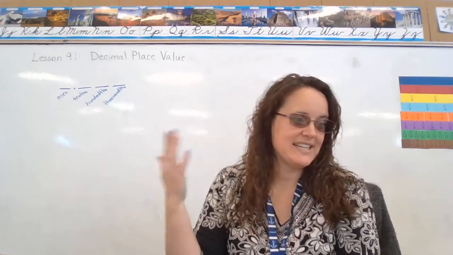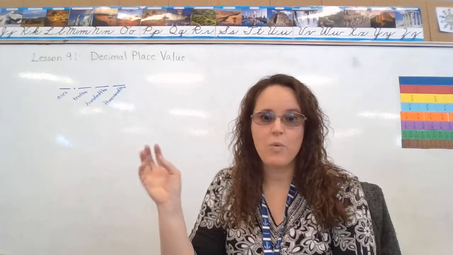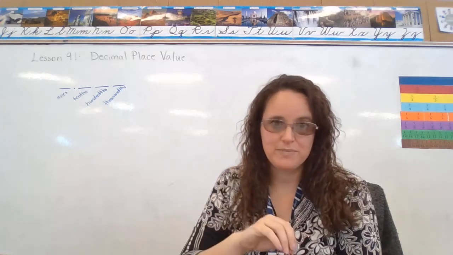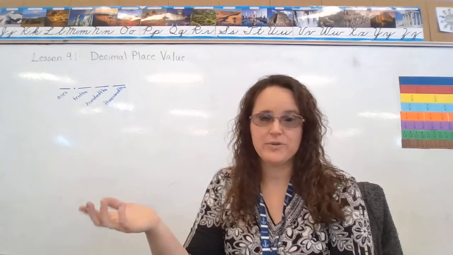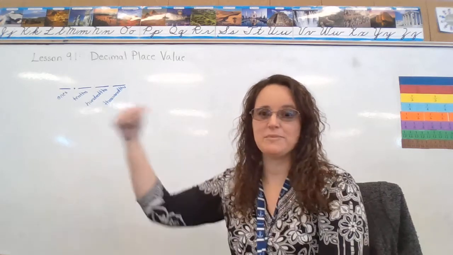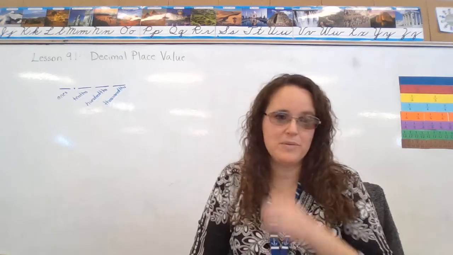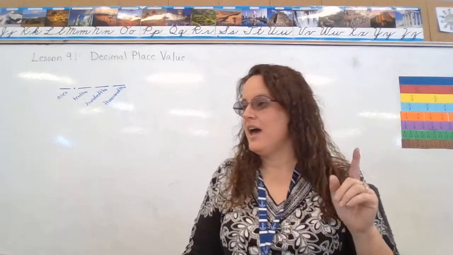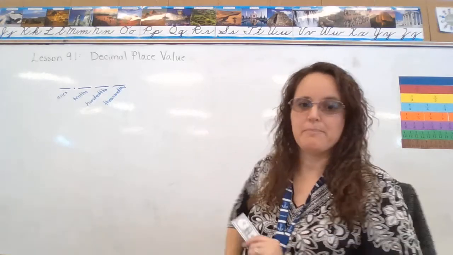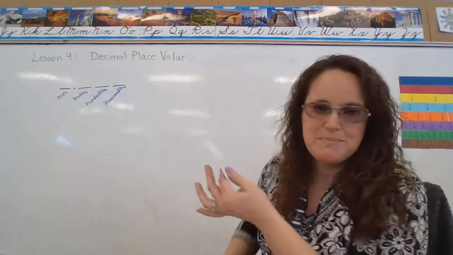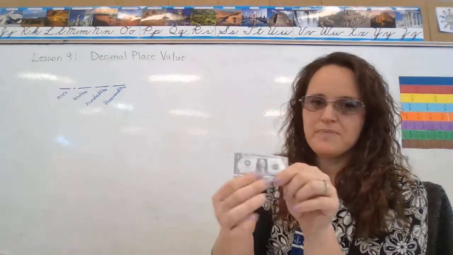So this lesson is mostly about recognizing what digit is in which place value and also naming the place value of specific digits. So I'm going to leave that on the board behind me while we look at a couple examples. Before I do that, I do want to point out that the book likes to use money to teach place value.